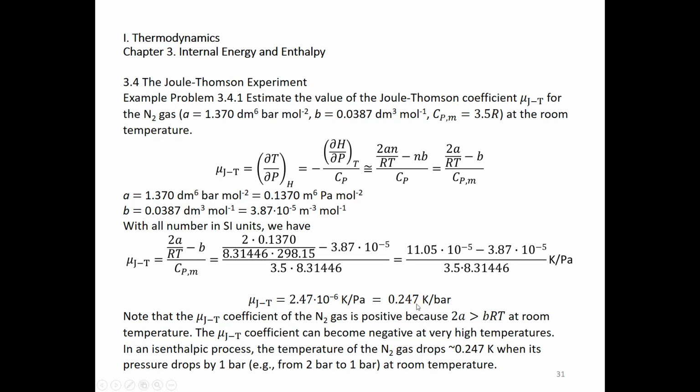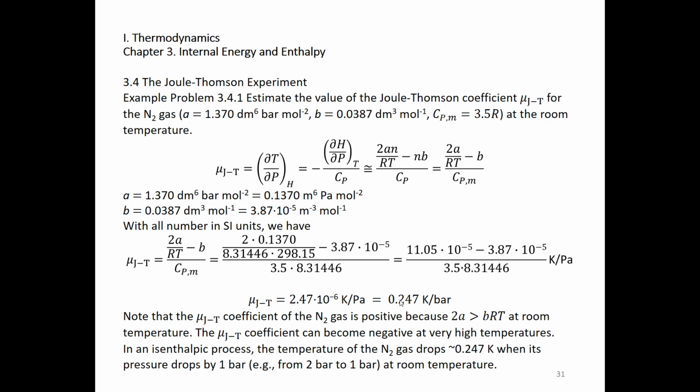What if you start with, for example, 100 bar nitrogen at room temperature, and you change its pressure from 100 bar to 1 bar? Then the pressure drop is going to be 99 bars, and 99 bars times this, well, approximately you can decrease the temperature of this nitrogen gas by 25 Kelvin. And actually that's fairly significant.